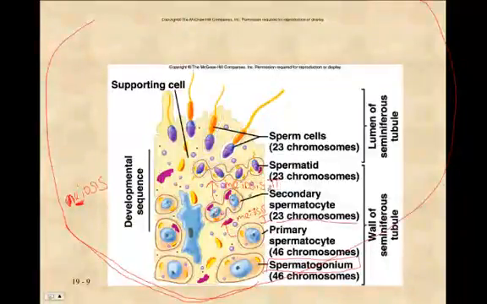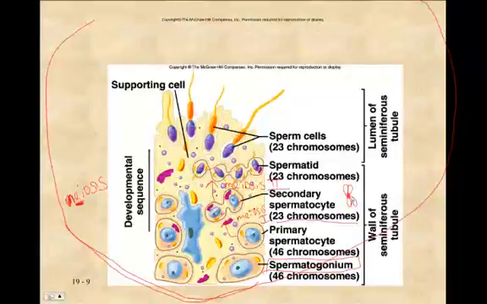Okay, and after meiosis 2, each of these cells will officially have 23 chromosomes, not double chromosomes, just 23 chromosomes. So if you could picture the secondary spermatocytes, each of the chromosomes is going to look like this, and it's a duplicate copy.